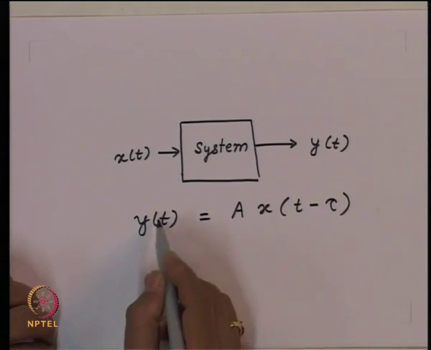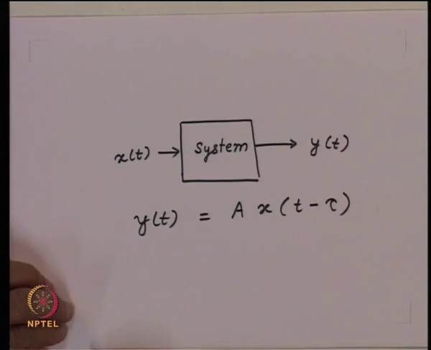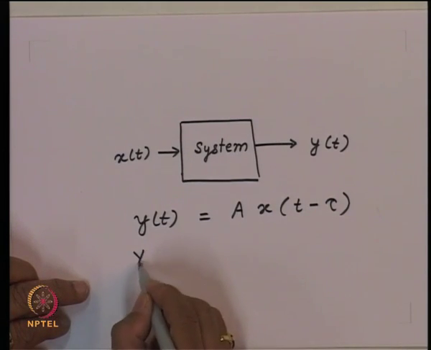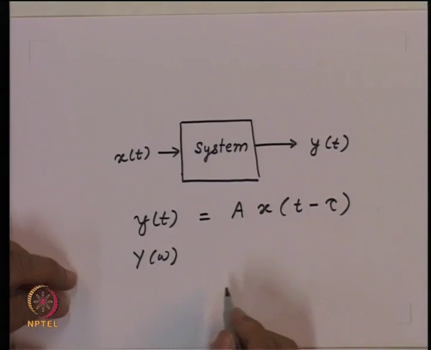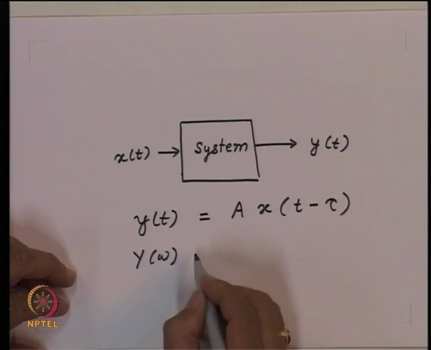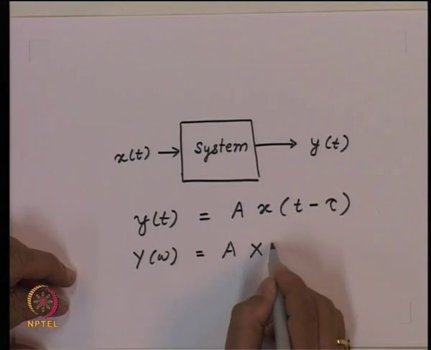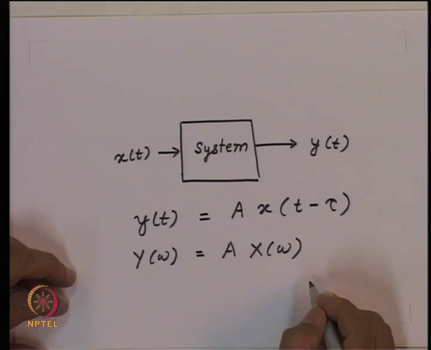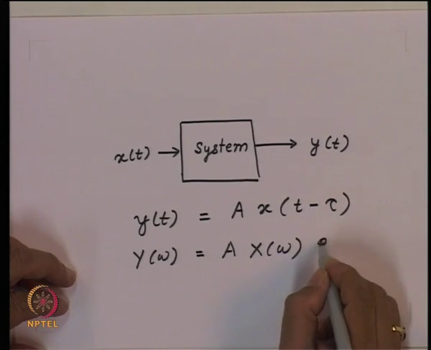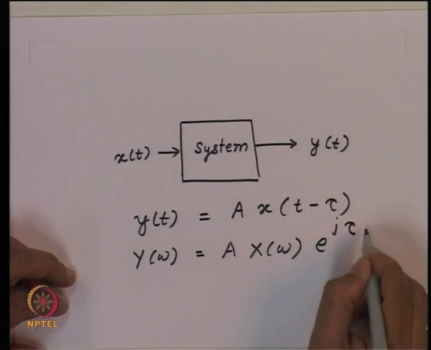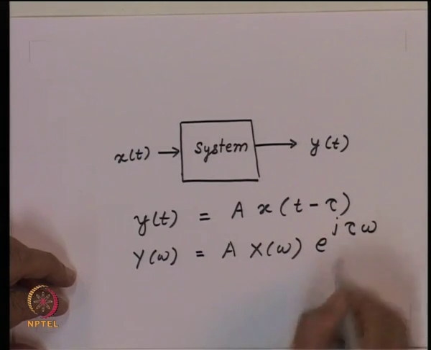So, if I take the Fourier transform of this signal, you can get y of omega, that will be equal to a x of omega e to the power minus j tau omega.